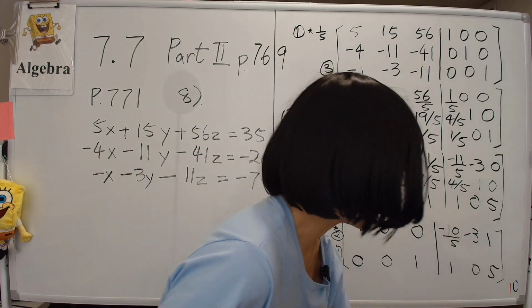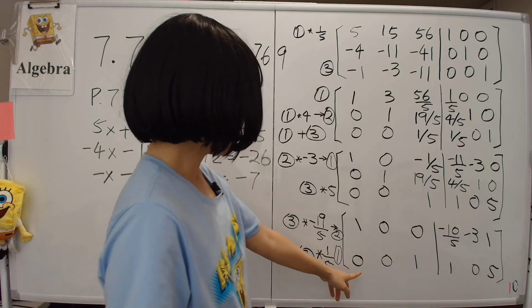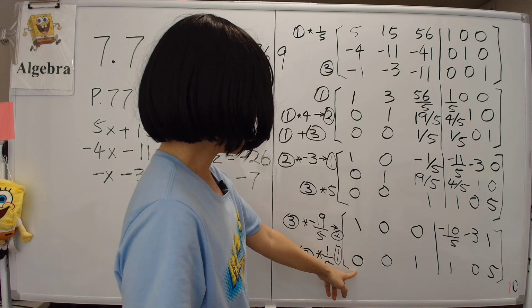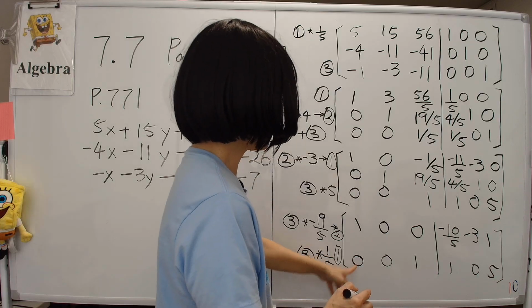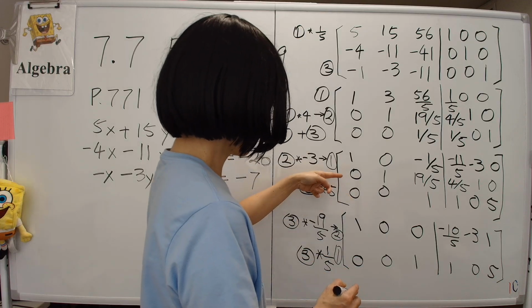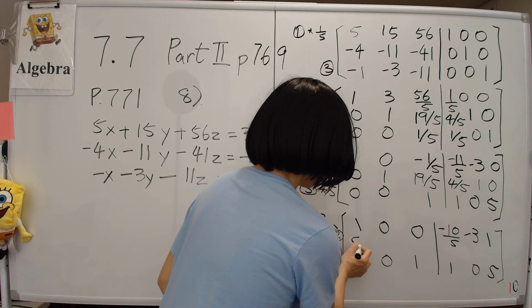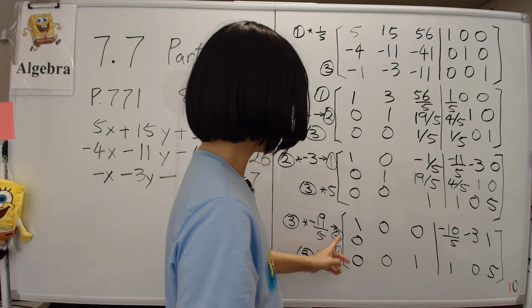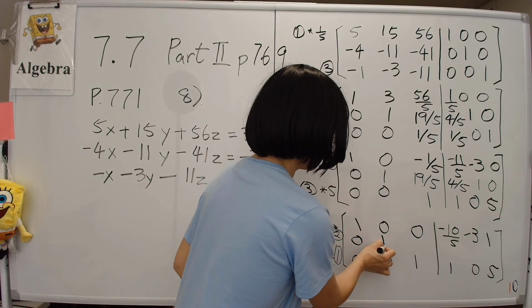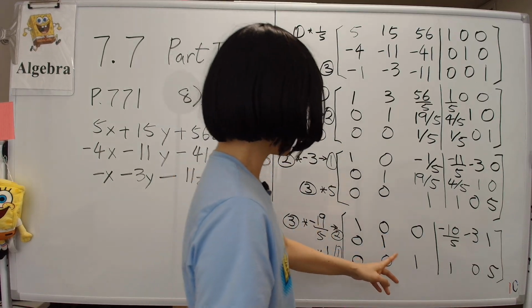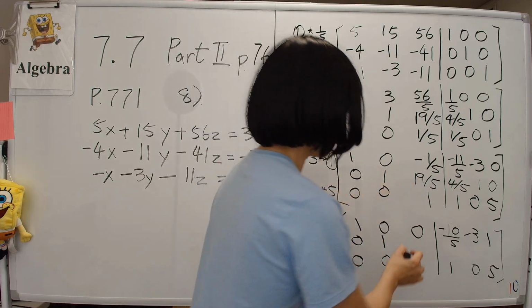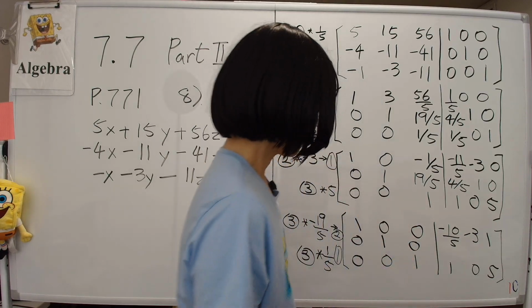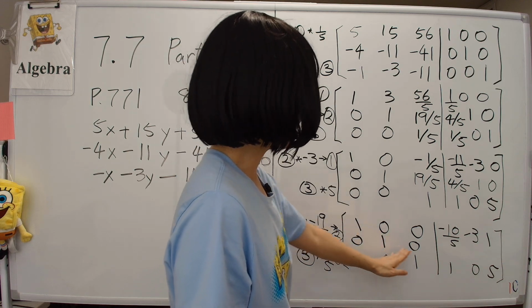Okay, so let's do that. So row 3 multiplied by minus 19/5. So 0 times whatever, and then added here is still 0. Then 0 times whatever, then added to row 2, keeps row 2. And then the third one, 1 times minus 19/5, added to 19/5, that creates the 0. Okay, so we're good here.